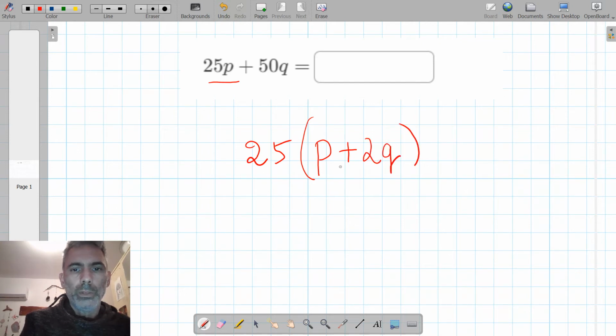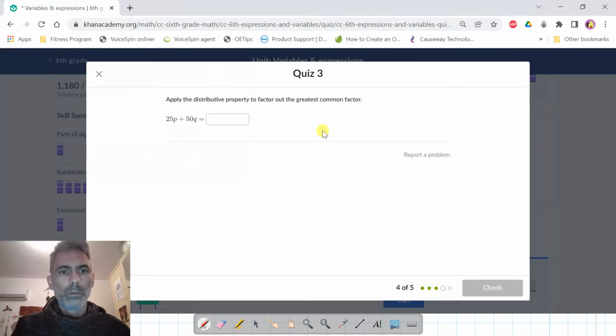So if I open the parentheses, 25 times p is 25p, and 25 times 2q is 50q. p plus 2q.